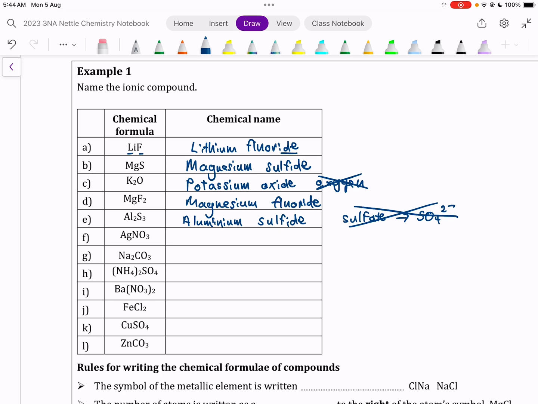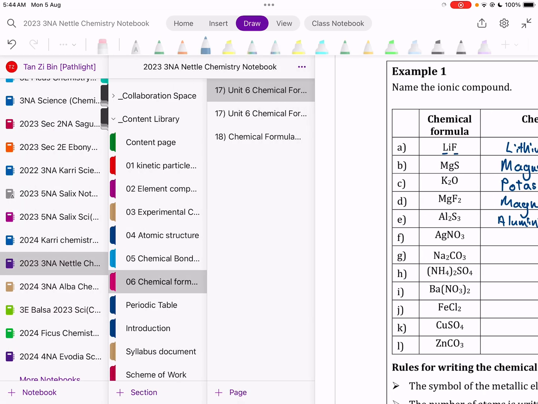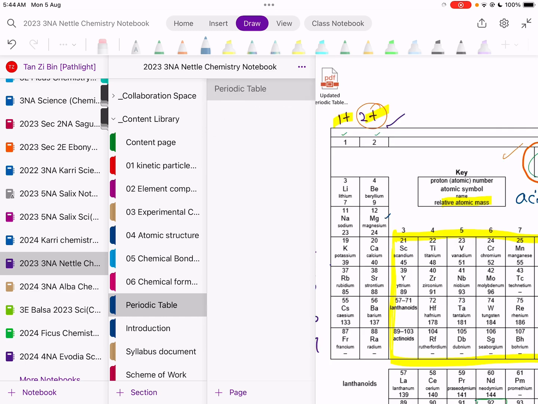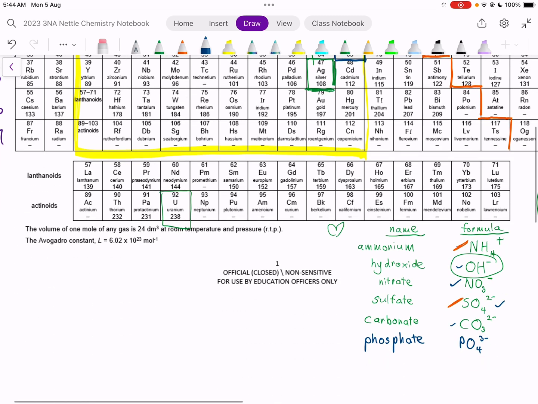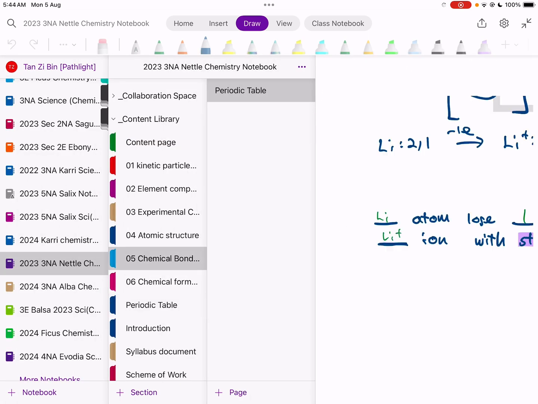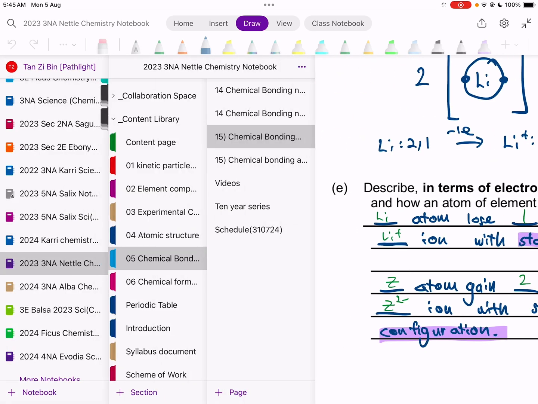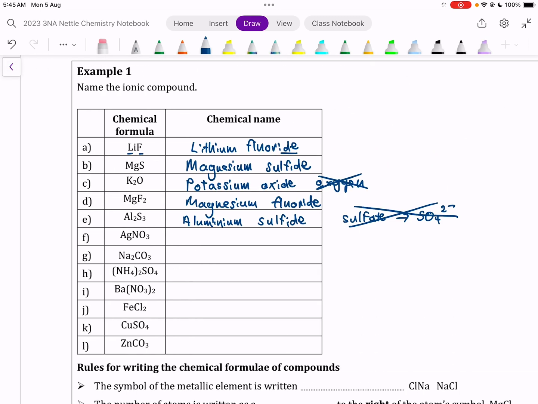Next one I have Ag and NO3. If you look at the periodic table, Ag is +1 over here, and then you have NO3, that's nitrate. Your nitrate over here, this one. So that is your silver nitrate.